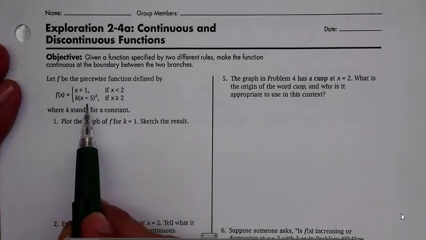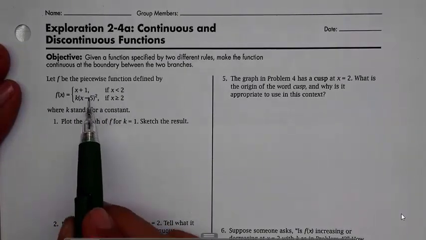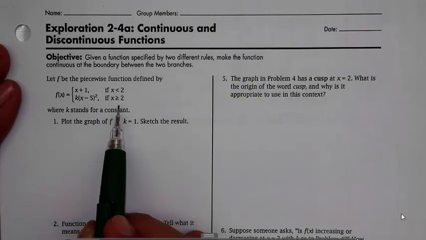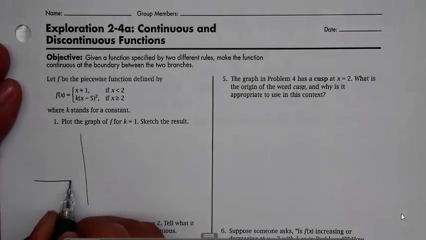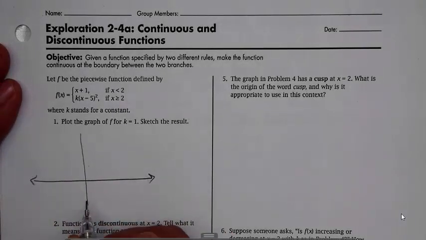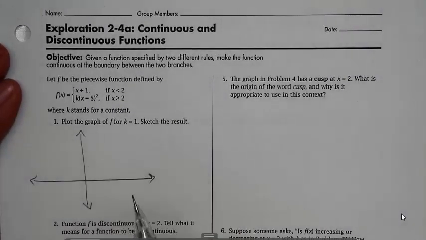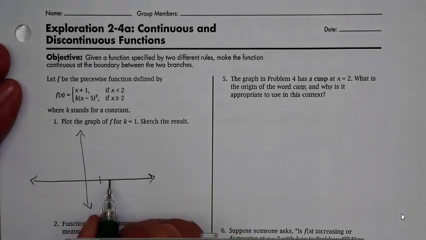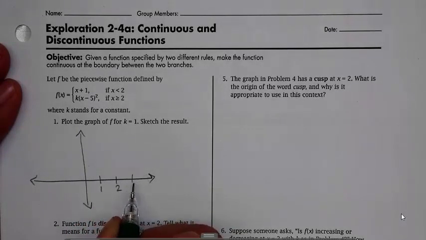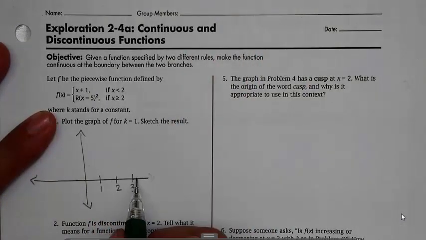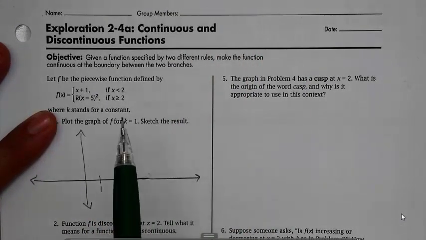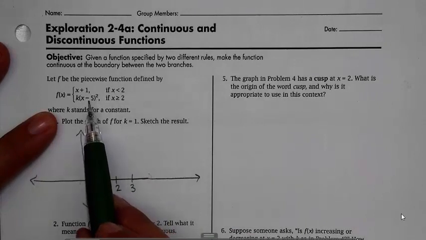So the two pieces break apart at x equals 2. I'm going to put 2 on here for sure. And this is probably going to need to go a little bit further, because I'm looking at this and saying, hey, that's an x squared graph that's been moved to the right 5 units.